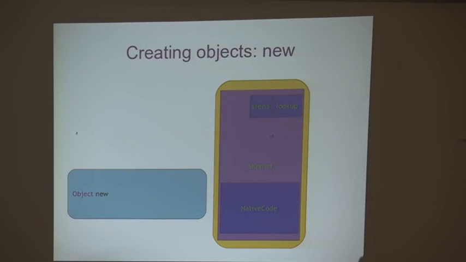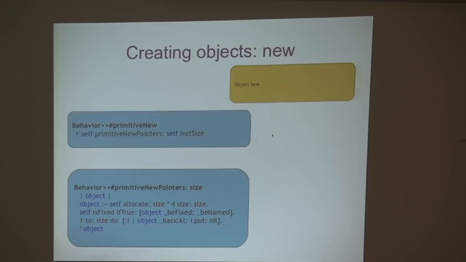We need to create objects, and to do so we are going to add some arena. We are not adding a garbage collector, we are just creating objects there, which is enough for us. So we add primitive new, and it's just allocation on some space.